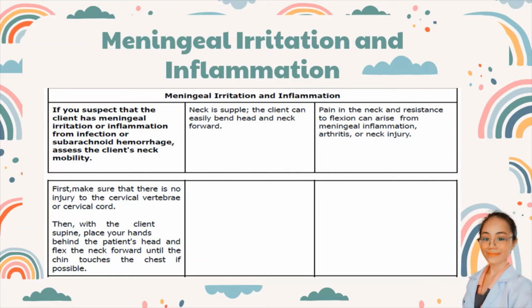For the normal findings, the neck is supple and the client can easily bend head and neck forward. For the abnormal finding, there is pain in the neck, and the resistance to flexion can arise from meningeal inflammation, arthritis, or neck injury.